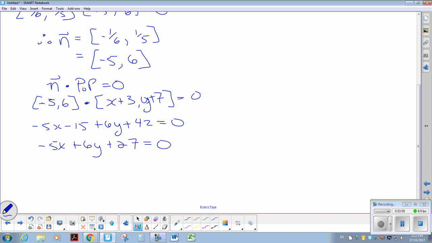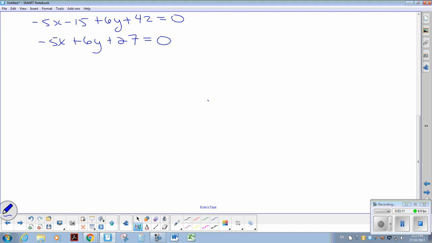So finishing this one off, our magnitude is ax plus by plus c, divided by the square root of a squared plus b squared.